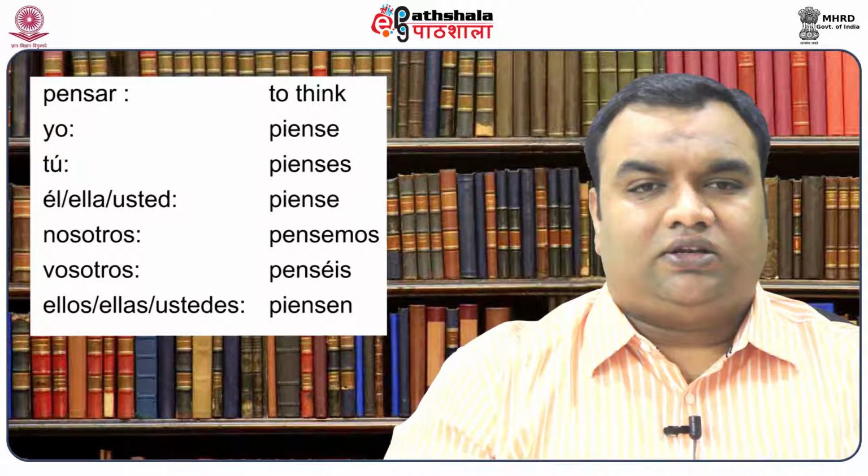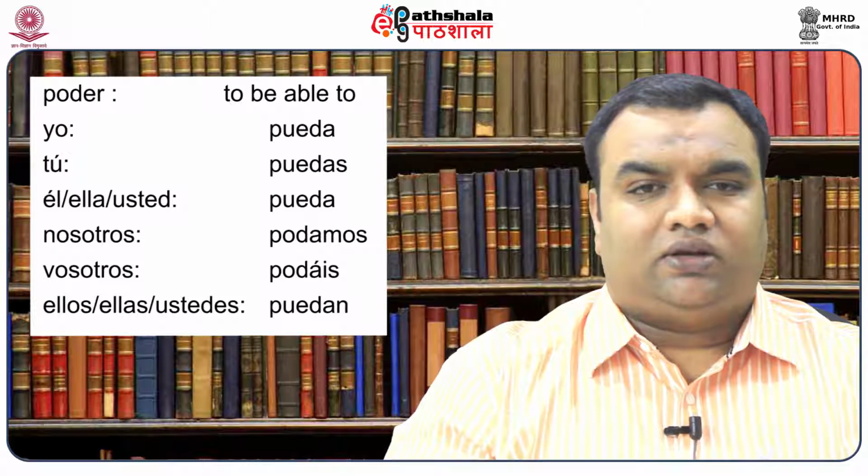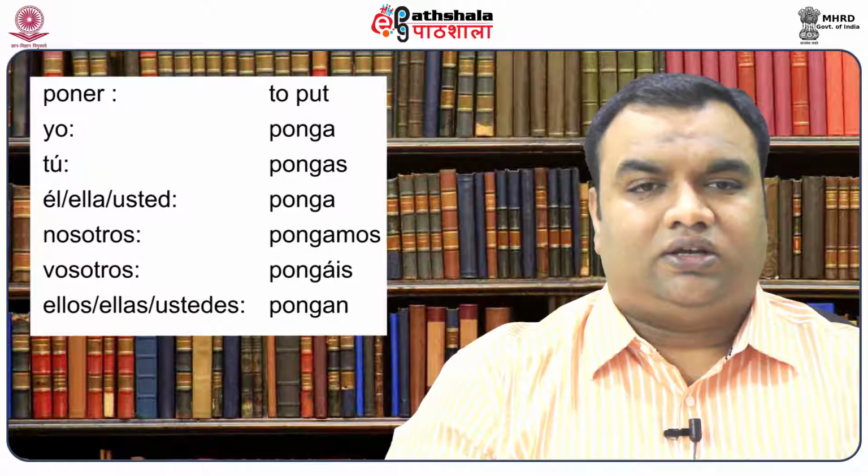The verb pensar means to think and is conjugated like piense, pienses, piense, pensemos, penséis, piensen. The verb poder, which means to be able to, is conjugated in the following manner: pueda, puedas, pueda, podamos, podáis, puedan. The verb poner is conjugated like this: ponga, pongas, ponga, pongamos, pongáis, pongan.